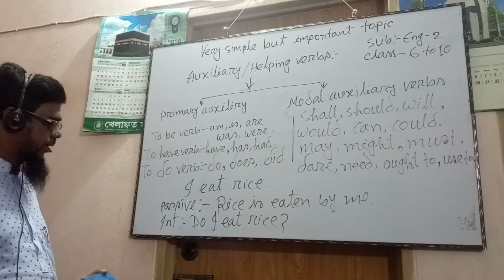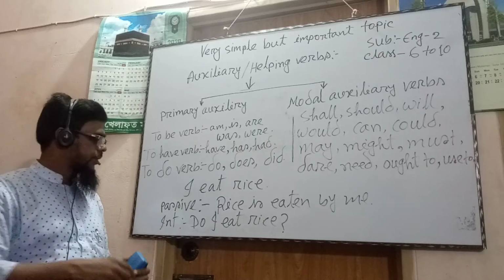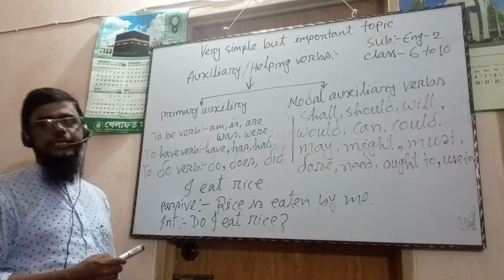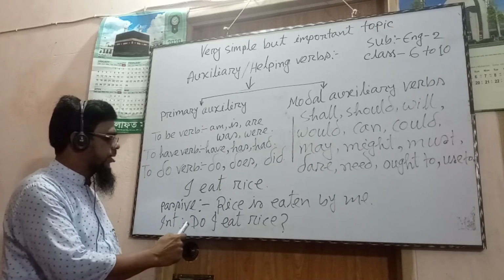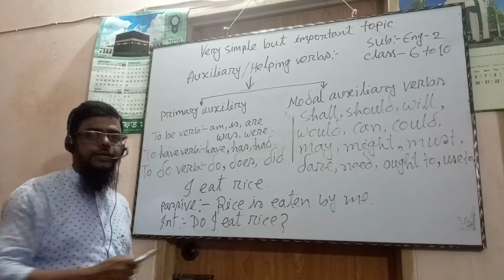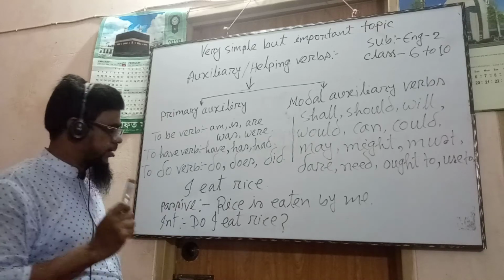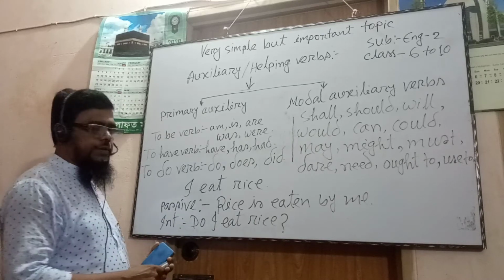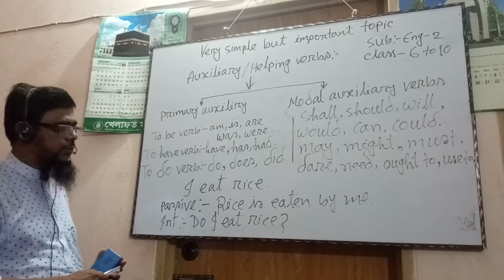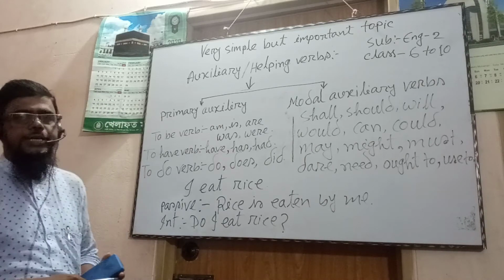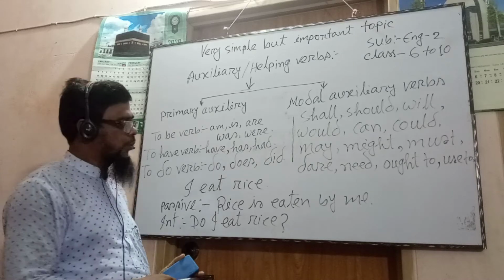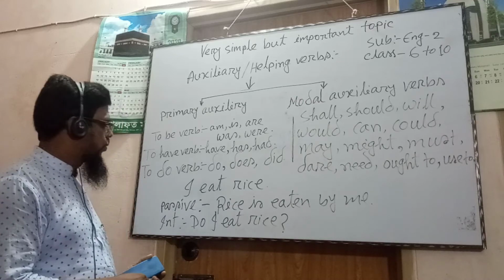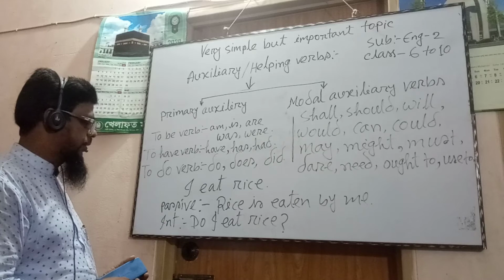So I can say if we want to make any question, that means interrogative sentence, in this situation auxiliary verb is a must. There are two types of questions we know. One is yes/no question and the other is wh-based questions. All kinds of questions, auxiliary verb is needed.